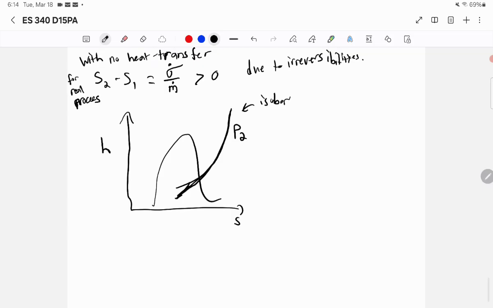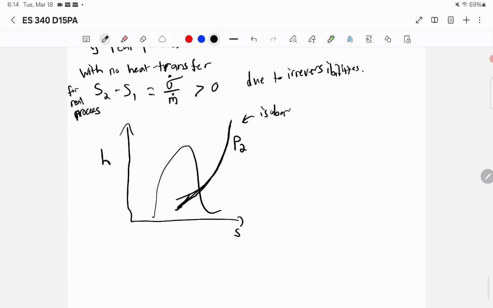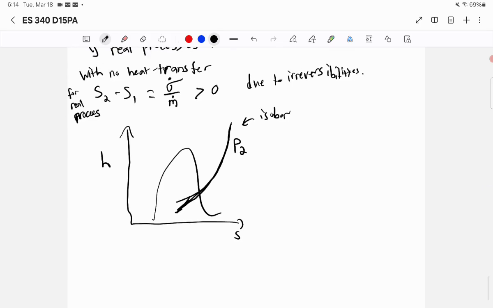Okay, so what I'm going to do then is I'm going to have the state, let's call this state 1, and I'll call this state 2. Okay, that's state 1 and state 2. And then I'm going to have another state, which we'll call 2S.